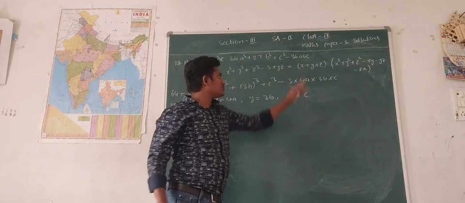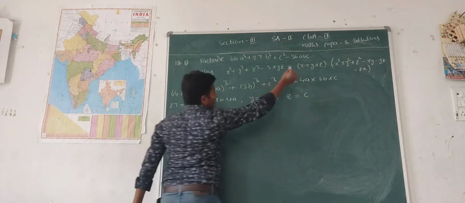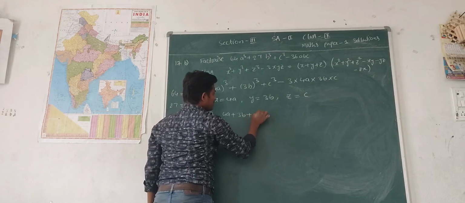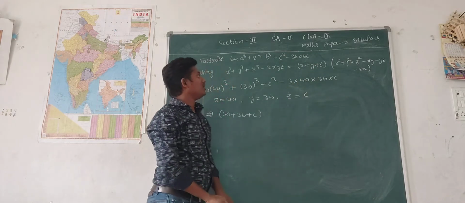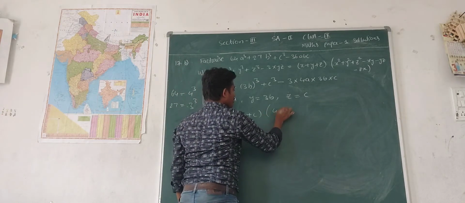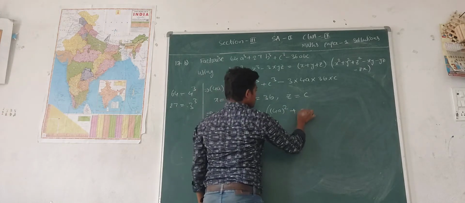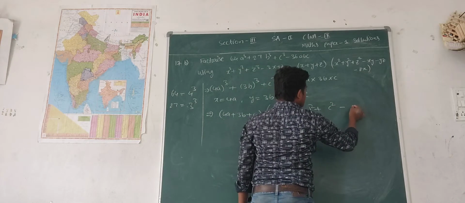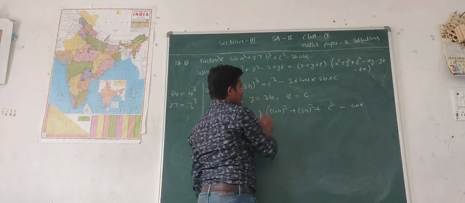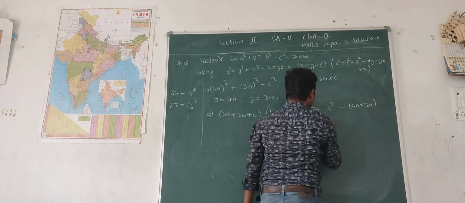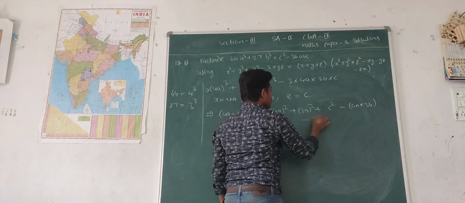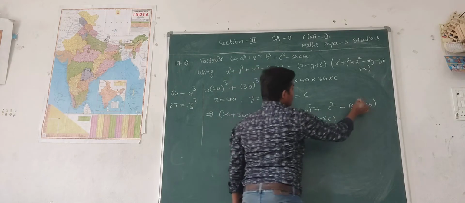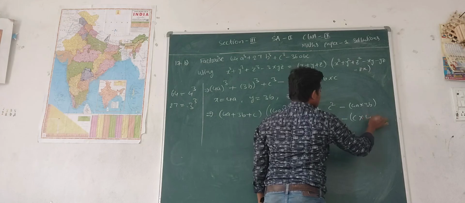Here x means 4a, y means 3b and z means c. x square means 4a whole square, plus y square means 3b whole square, and z square means c square, minus xy. xy means 4a into 3b, minus yz, y equals 3b into z equals c, minus zx, z is c into x is 4a.